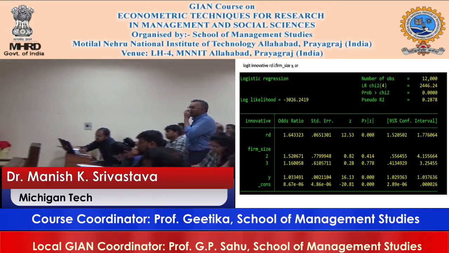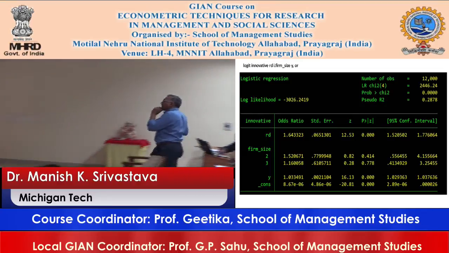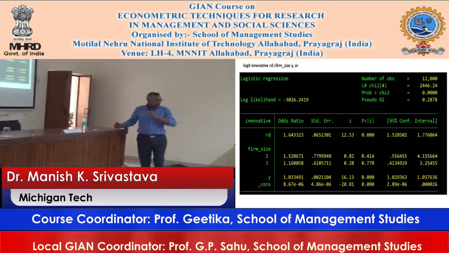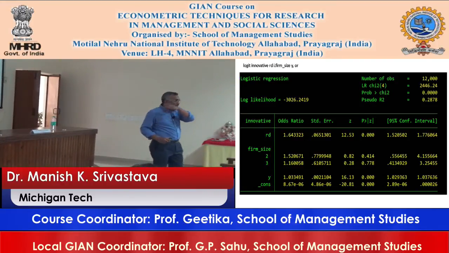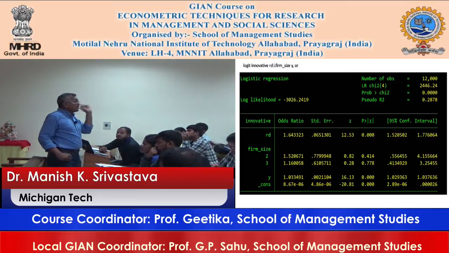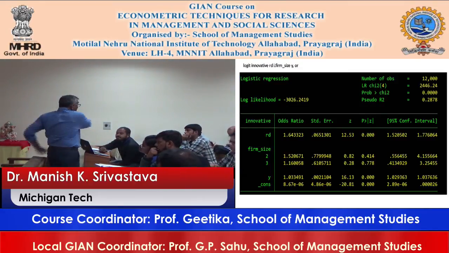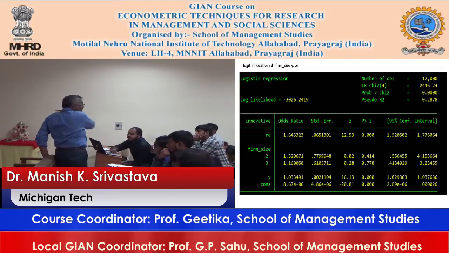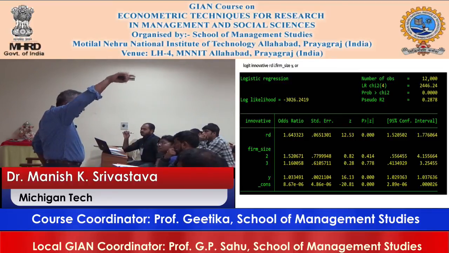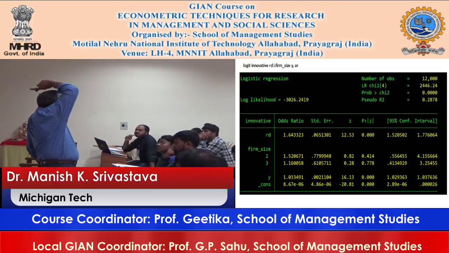So here all the numbers are more than 1, except the constant. All the numbers are more than 1, so we don't have a negative thing. But if it was negative, how would the negative show up? Say there was a negative effect of a variable on the odds ratio. What kind of number will it show up as?